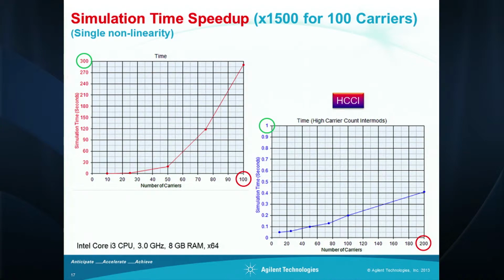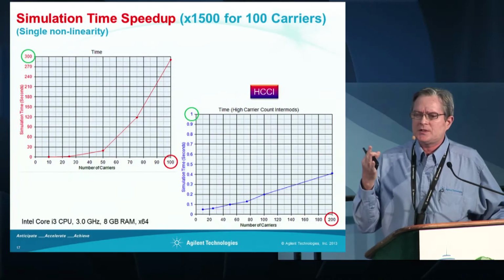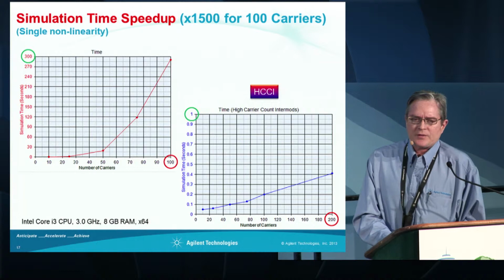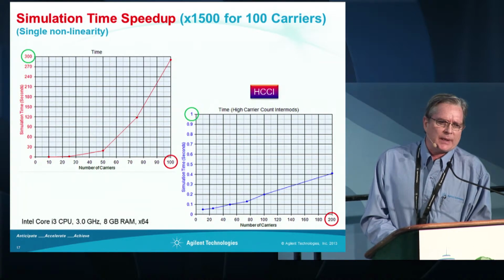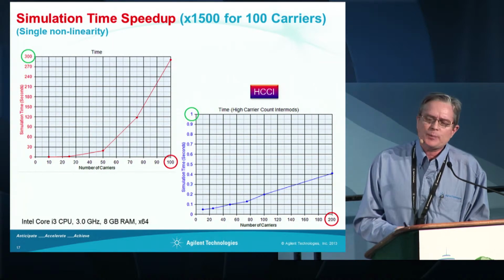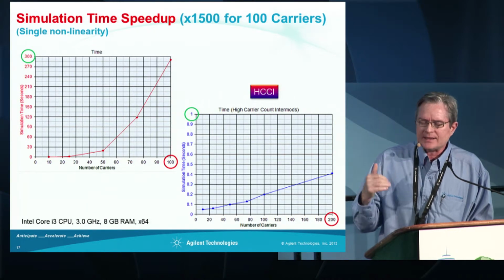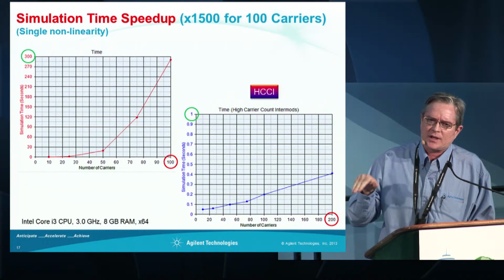Here's a graph where we talk a little bit about speedups. I compared the traditional method, which is simulating individual intermods, versus simulating intermod groups. I've got circles over here on the axes because the scale is different. It would be pretty boring if on the lower right I had the same scale, it would just look like a horizontal line.